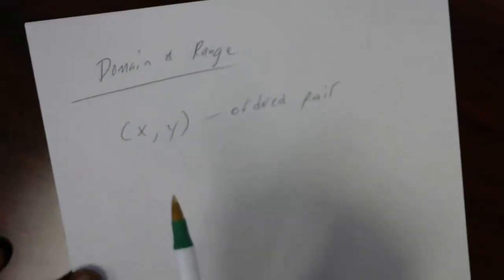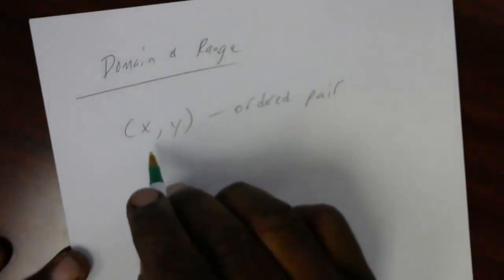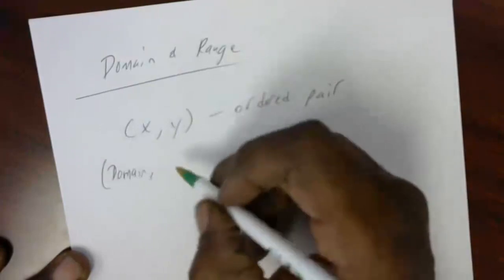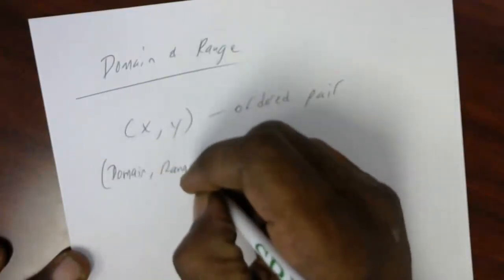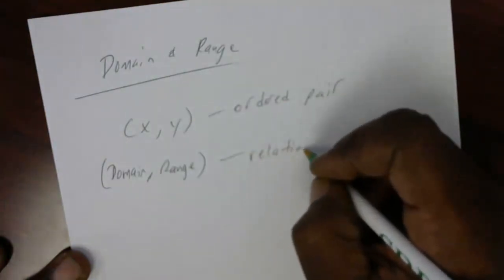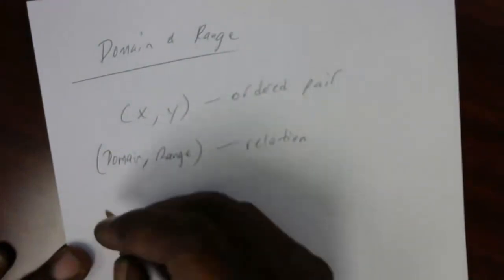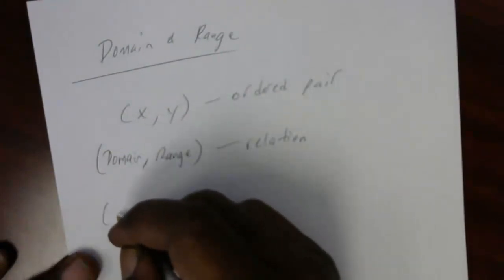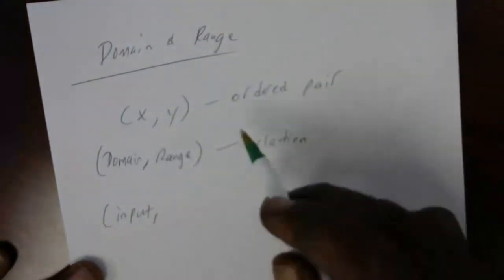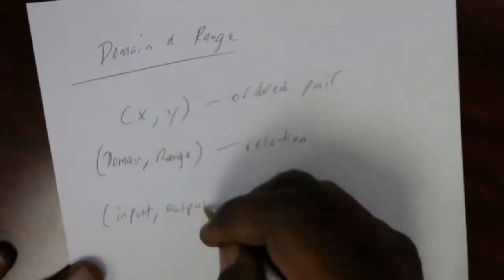In this x, y format, our x coordinate is the domain. Our y coordinate is the range. Also, x, which is the domain, is also an input. Y, which is the range, is also an output.